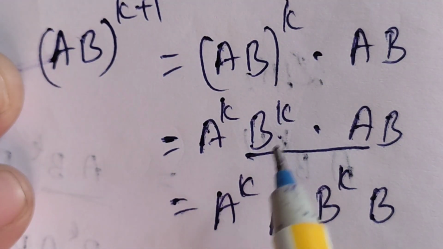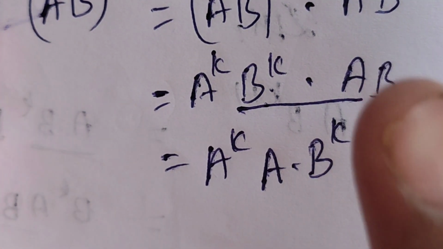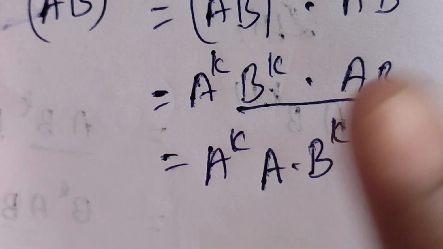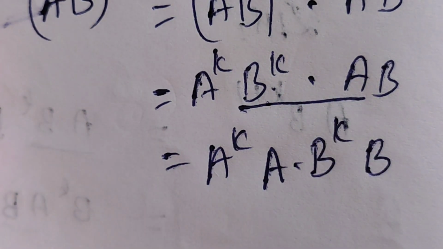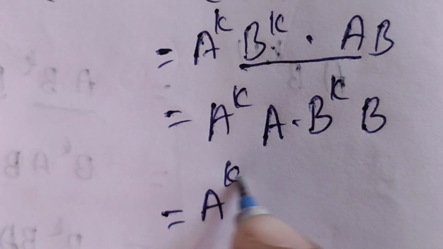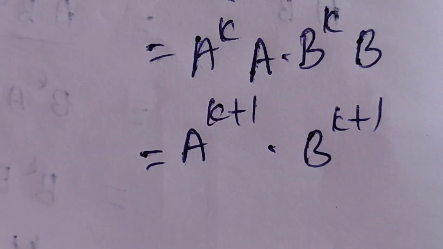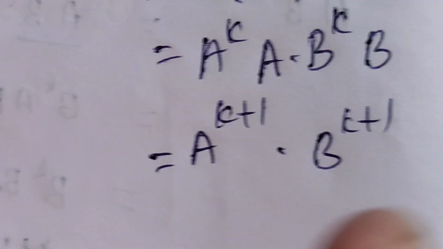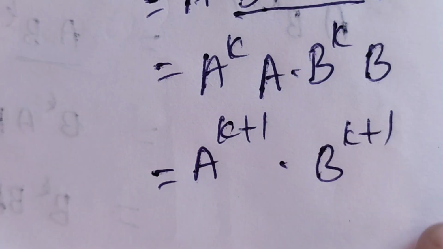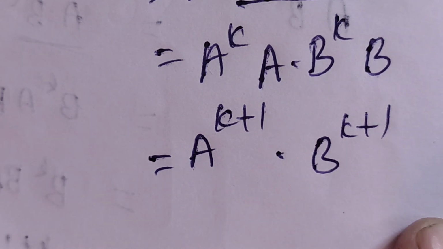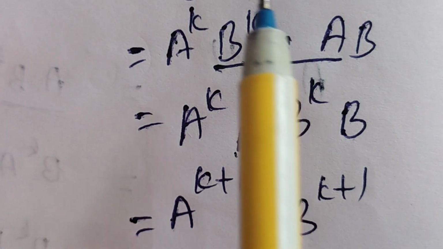Because in the previous result we have proved A B^n is equal to B^n A. So that I am applying here, A into B^k. Now this I can write as A^(k+1) into B^(k+1). The result is true for n is equal to k plus 1. Therefore the result is true for all the values of n. So the second part of this question is connected with the first part of the question. With the help of the first result only we are able to prove this result.